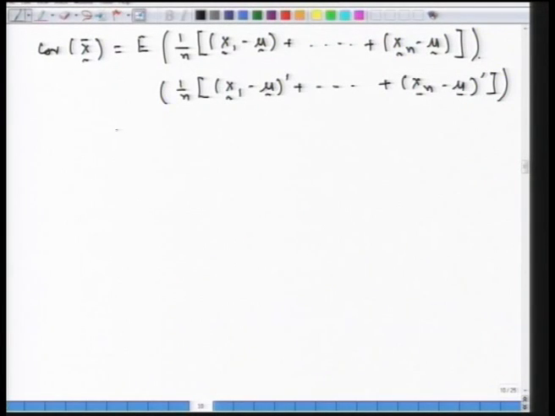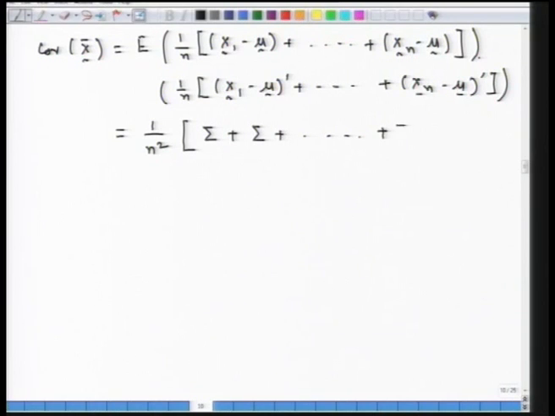So, what we will be having is the following. After we take expectation, 1 upon n square will be there, and then when this is multiplied with each of these entries and expectation taken, only the first element would give us sigma, and all the rest of the elements will be 0. When we look at the second entry here, once again the same entry will give us the sigma matrix, and the rest of the entries will be zeros.